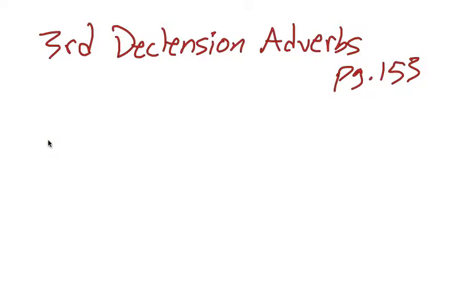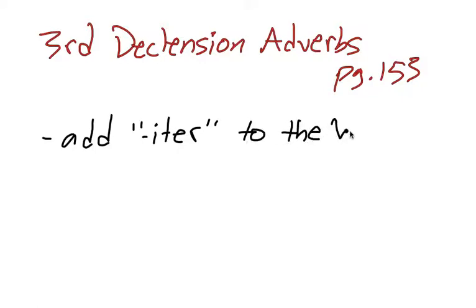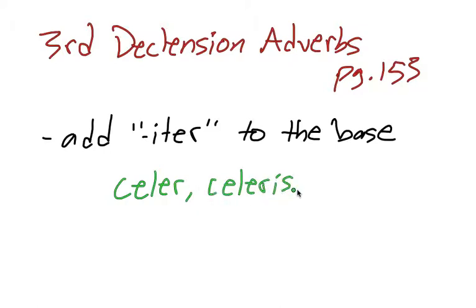Okay, so the way that you form these is you add iter to the base. Okay, so for instance, if we have the word celer, right, celeris, celere, okay, which means swift.